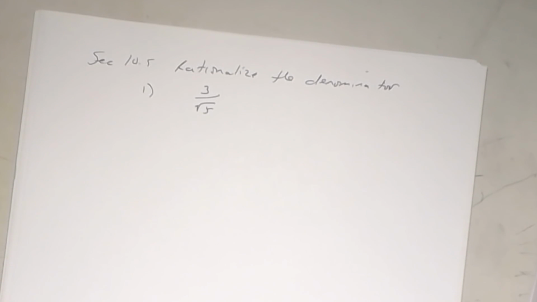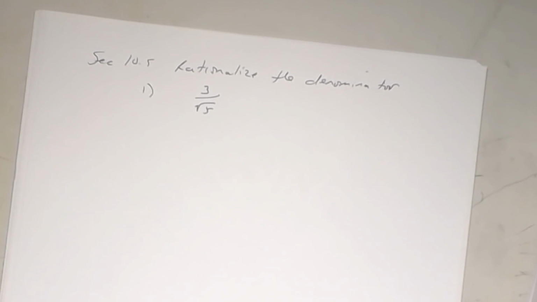Well, the denominator is one term. What you want to do is get rid of that square root, so you want to make that denominator a rational number instead. That's what rationalize the denominator implies.